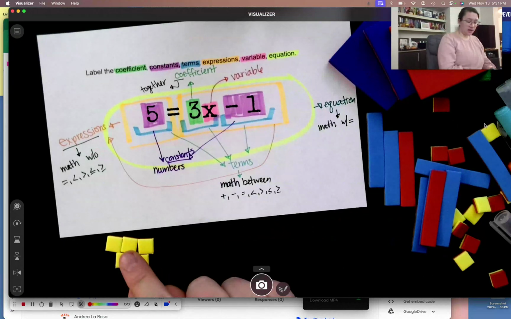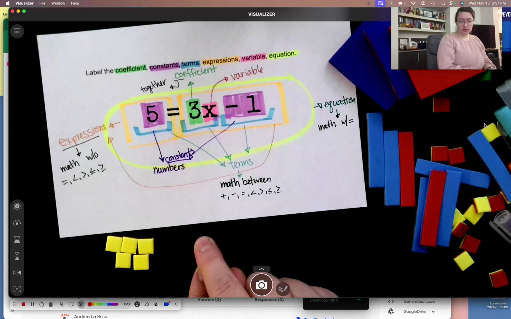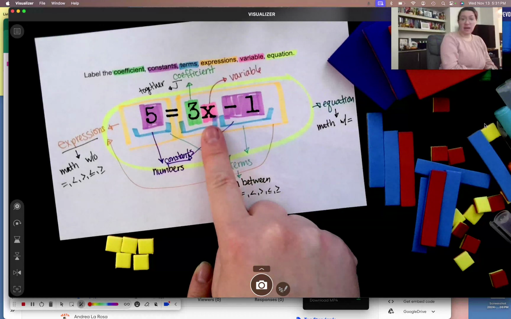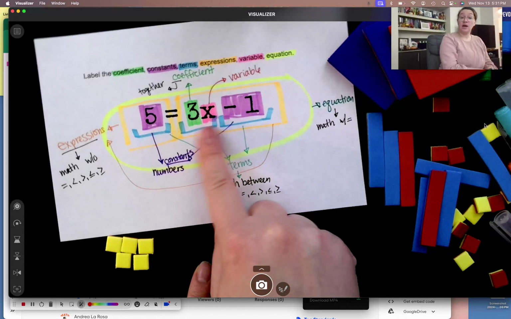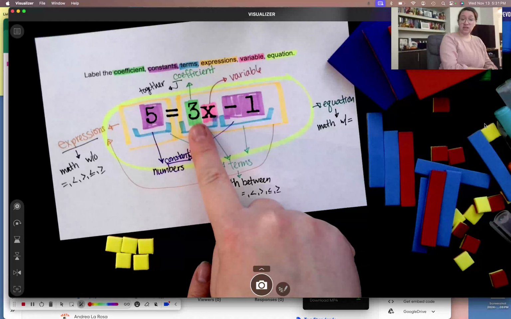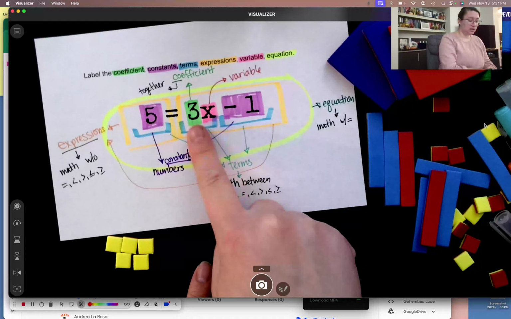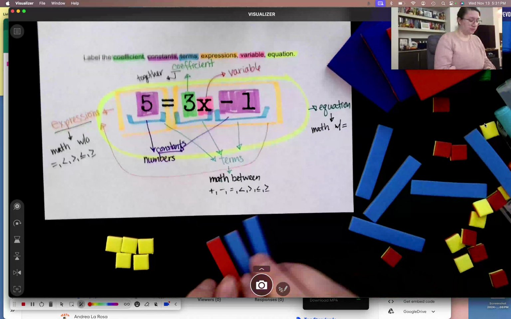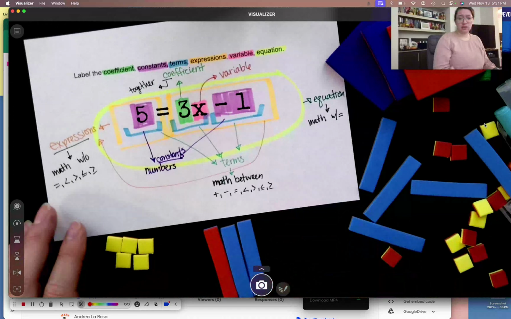So here's my -5, and then we would have an equal sign here. My next piece is going to be an x piece. And how many do I need? 3 x's. My coefficient tells me how many of those x pieces I need. I need 3 x pieces: 1, 2, 3. And what color would I want them to be?